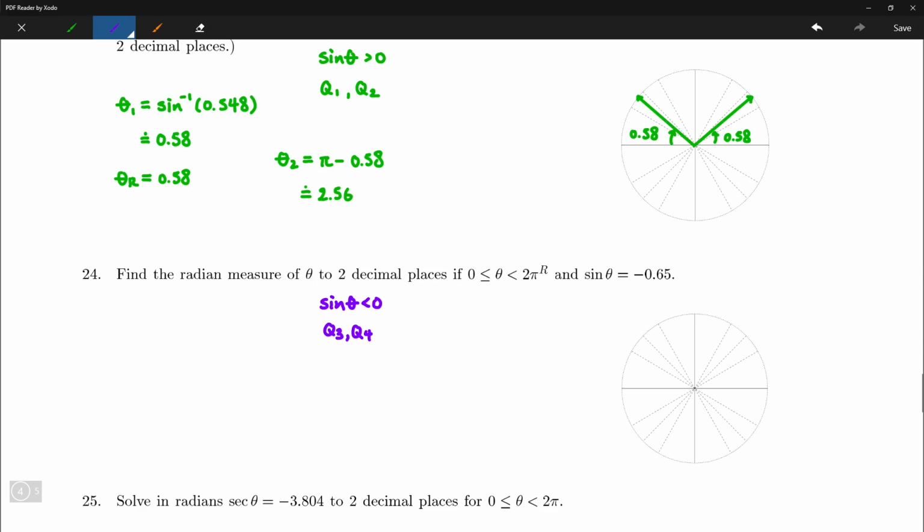So let's see what the calculator gives us first.